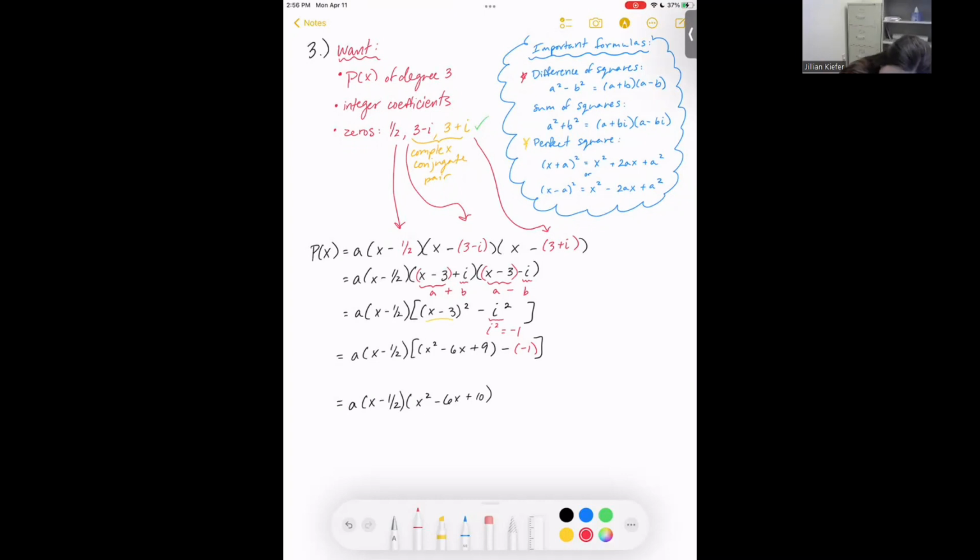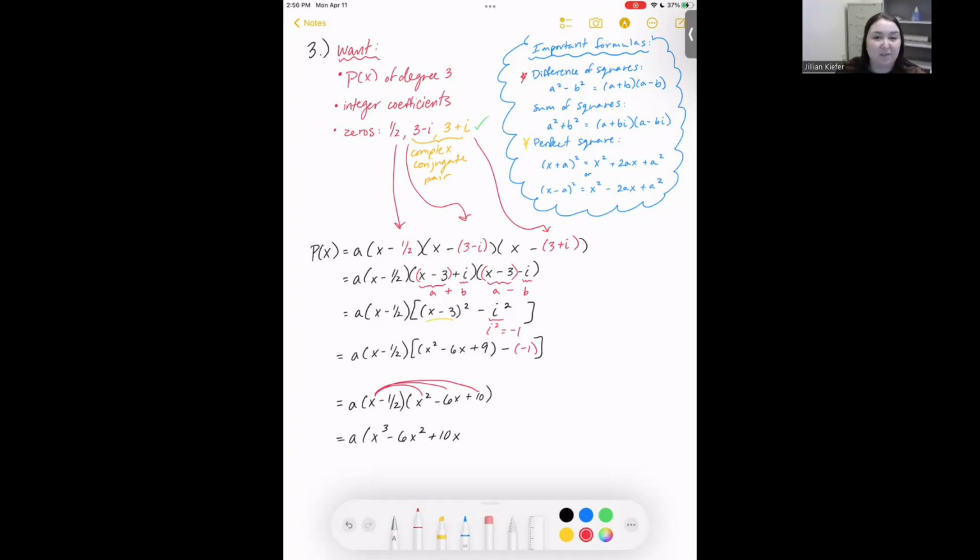So starting off, we're multiplying x by x squared. So we've got x cubed, x times -6x. So this will be -6x squared, and x times 10. So plus 10x.